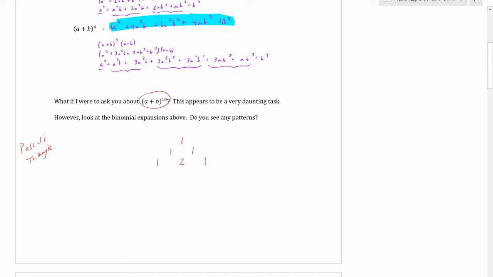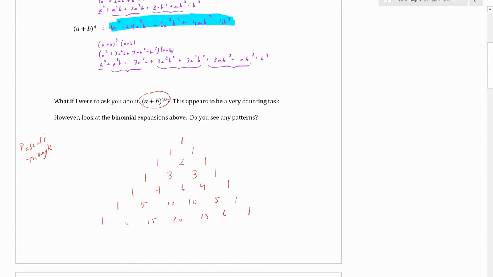So what I'm doing is I'm adding the number with what's next to it, and then putting the sum in between those two numbers on the next row. 1 and nothing's 1, 1 and 2's 3, 2 and 1's 3, 1 and nothing's 1, 1, 4, 6, 4, 1, 1, 5, 10, 10, 5, 1, 1, 6, 15, 20, 15, 6, 1.